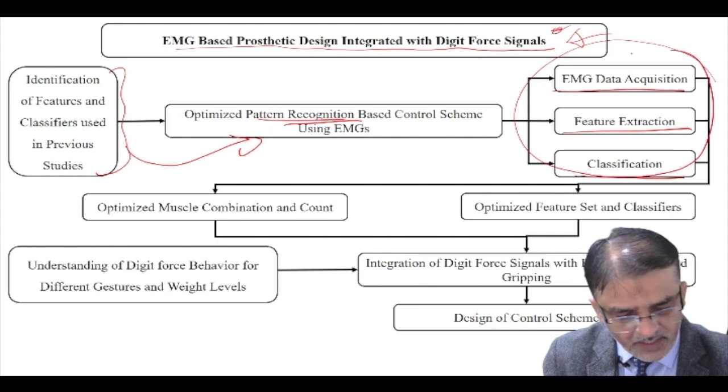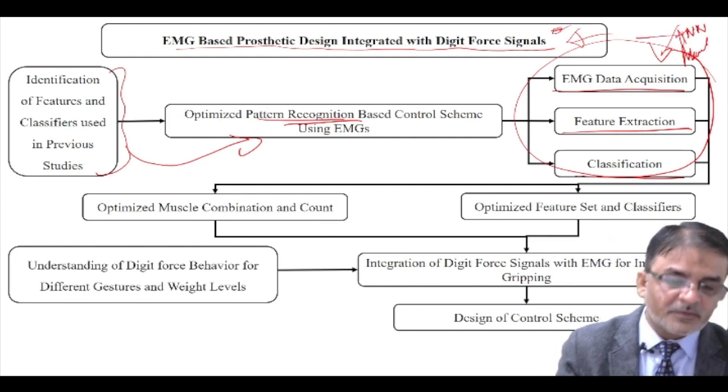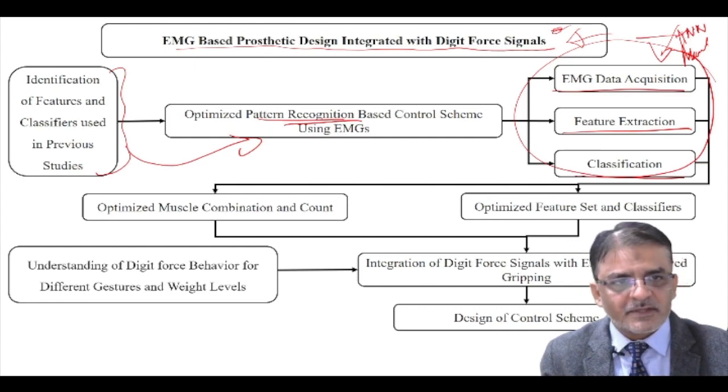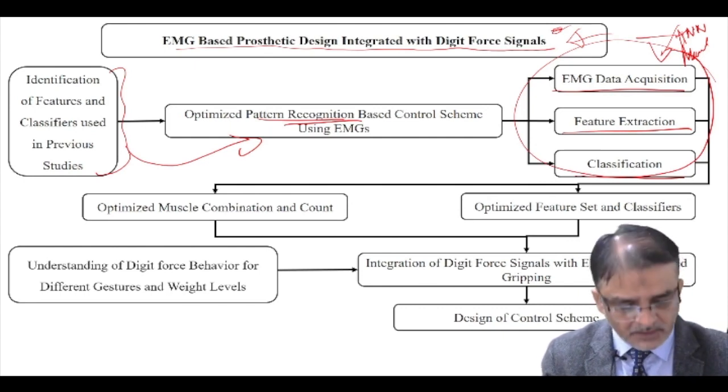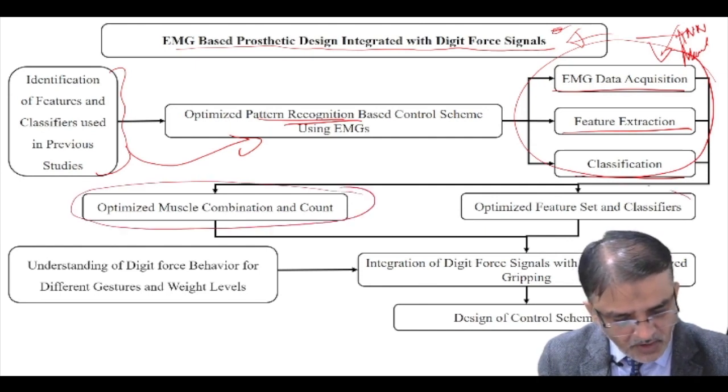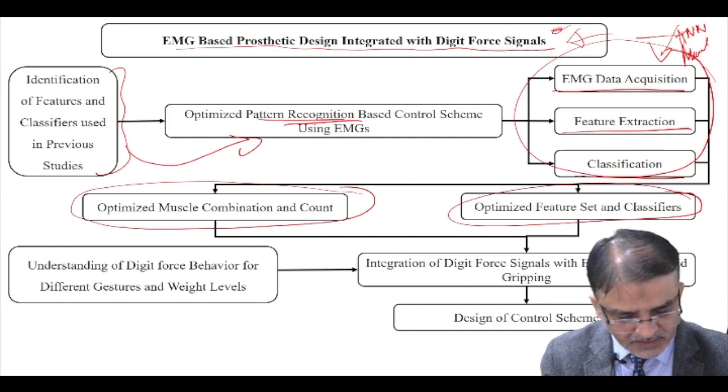This requires a different kind of approach to be implemented, either ANN or neural network approach, where different classifiers like ANN and KNN, many classifiers may have been tried and some of them gave better results. Then optimization of the muscle combination and counts, optimization of feature set and classifiers.